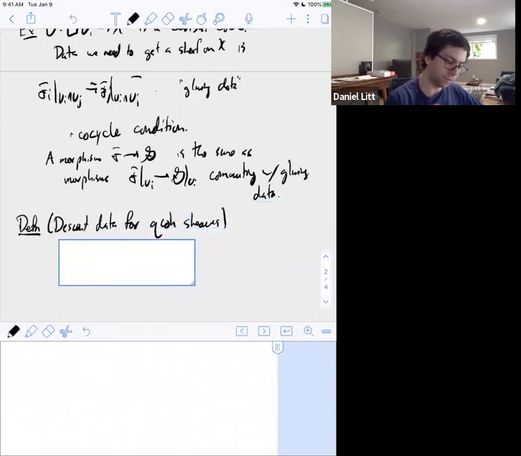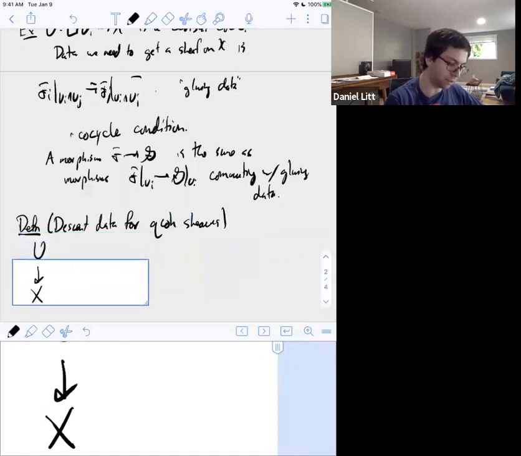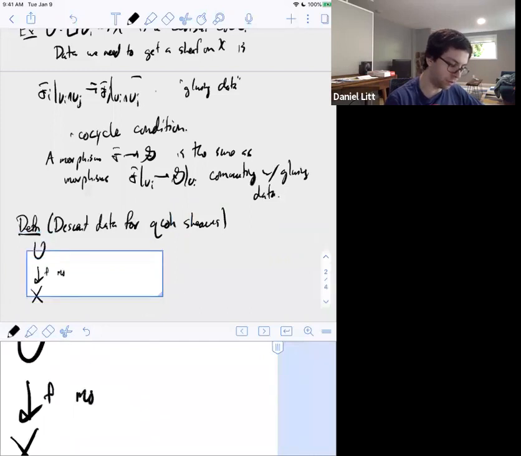So let's suppose U to X is some morphism. Let me call it f. And right now we don't need any assumptions on it. I'm just going to define descent data for an arbitrary morphism.